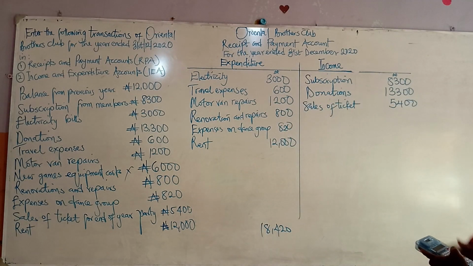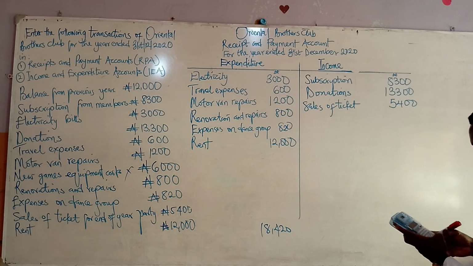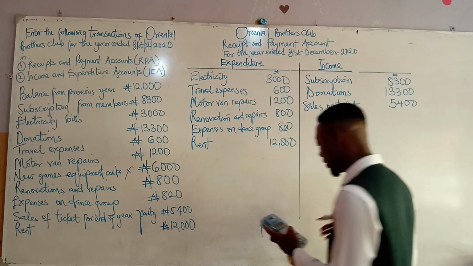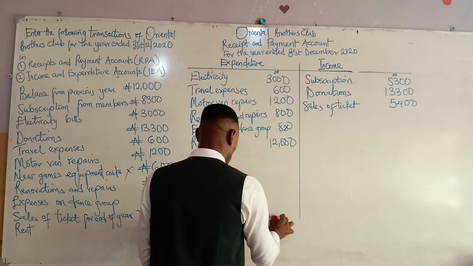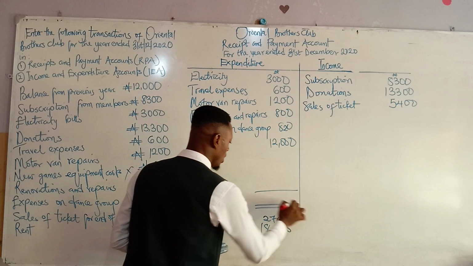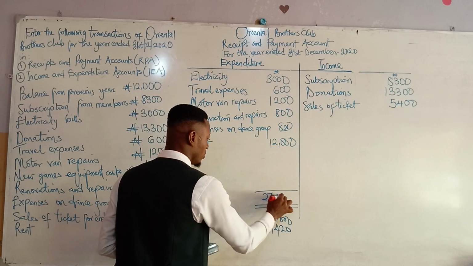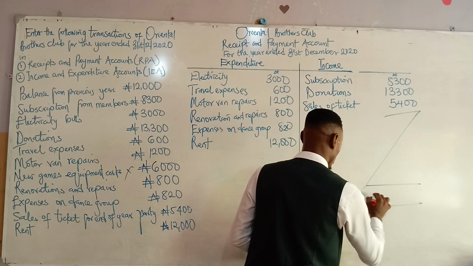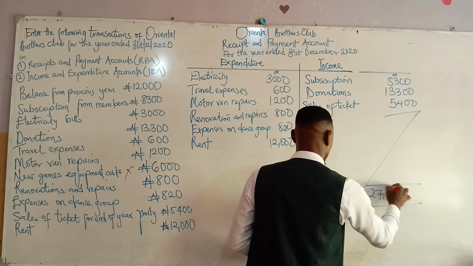Then under our income, we have 8,300 plus 13,300 plus 5,400. That gives us 27,000. Meaning we are going to close with this. So this will give me 27,000, and I'm closing with this. I can as well just close 27,000.